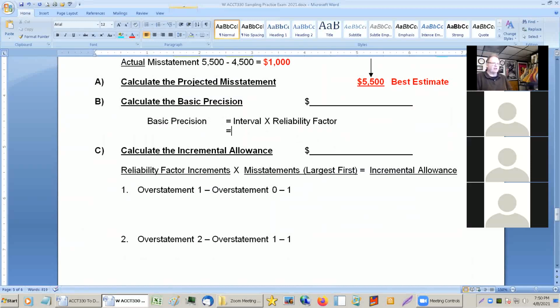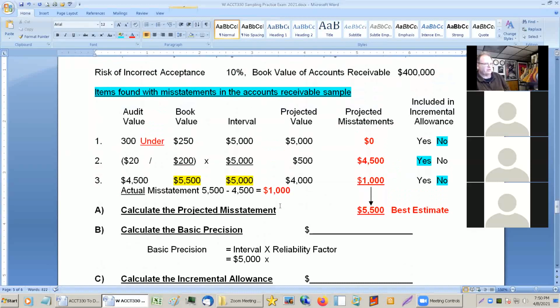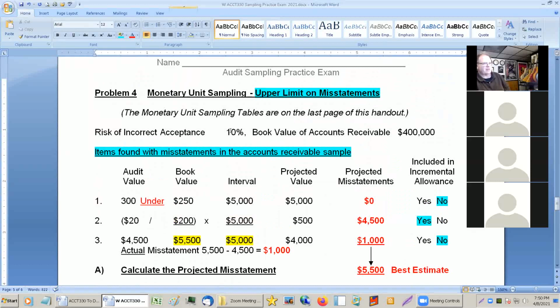So it equals our interval, which is 5,000, times our reliability factor, and this is at 10%.